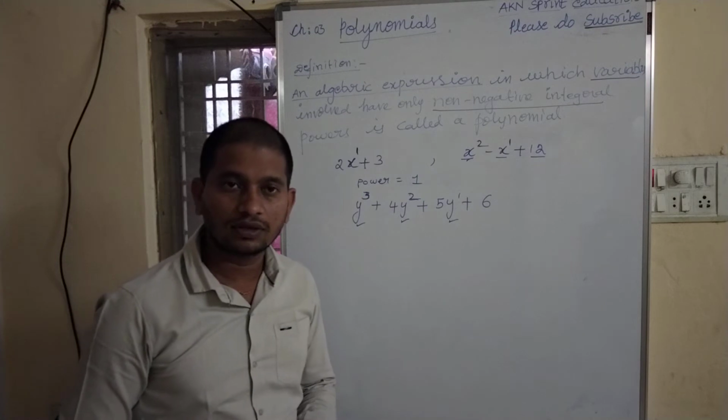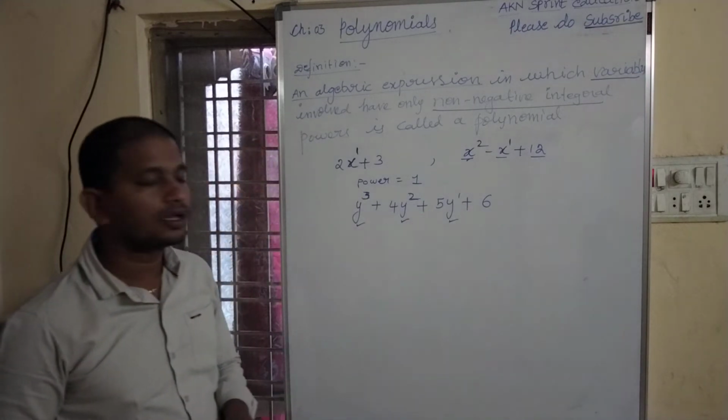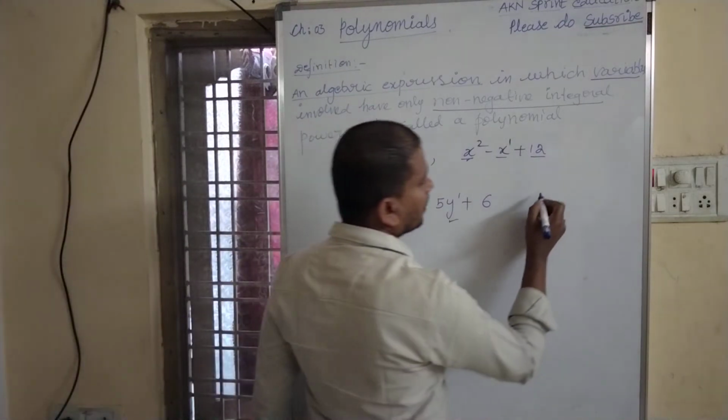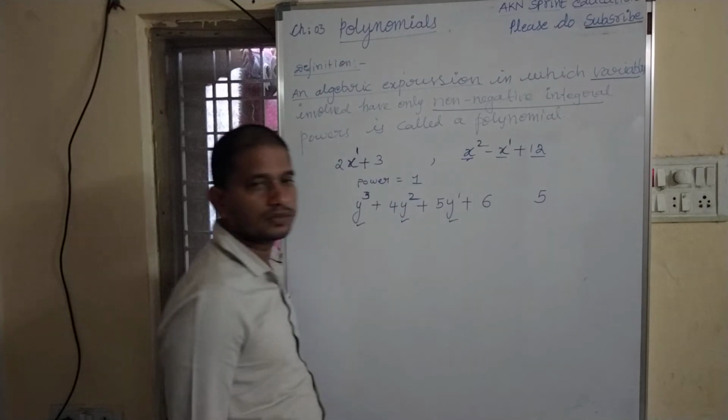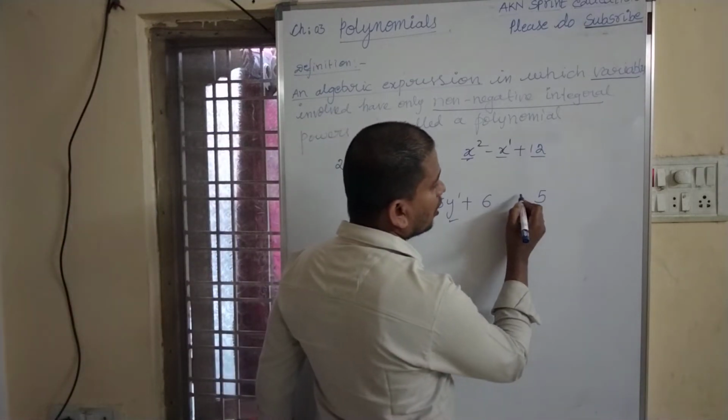Non-negative integral powers. Of course, they are positive integers, right? Yes, it is also a polynomial, right? Can you tell me, is it a polynomial? Yes, of course, it is also a polynomial, which is called a constant polynomial.